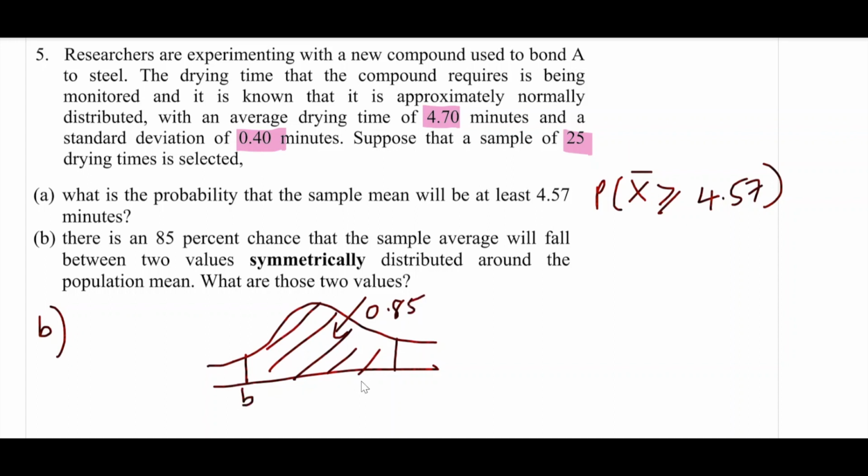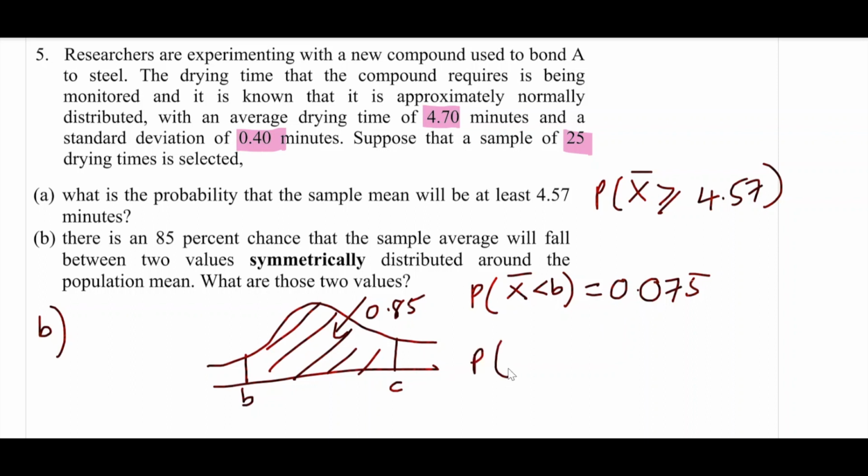Let's say these are value B and C. What I would do is rewrite this into the probability that x bar is less than B. How much is it? This will be (1 minus 0.85) divided by 2, which is 0.075. And then you would standardize and solve it using your statistical table.